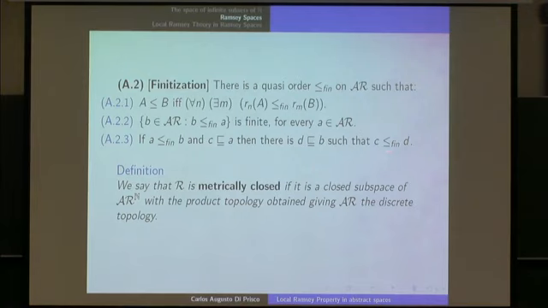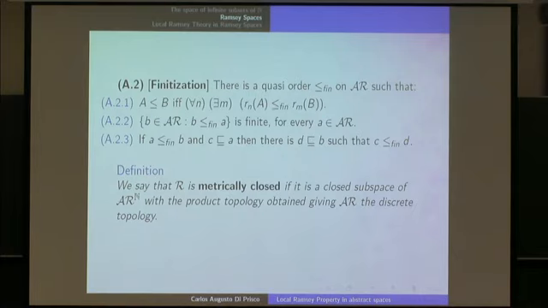As I mentioned a few minutes ago, we say that R is closed, or metrically closed, if it is a closed subspace of the sequences of approximations with the product topology obtained by giving the set of approximations the discrete topology.